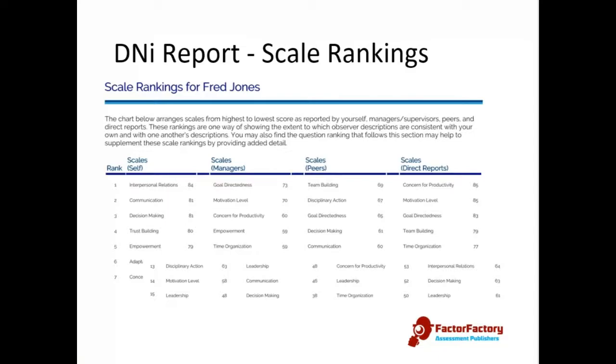So you have an individual in a leadership role who ranks themselves last in leadership, and others don't see them as particularly good in that area either. That, again, is an area you could dig into, think about, and do some goal setting around. What's going on there? How could they focus on that?